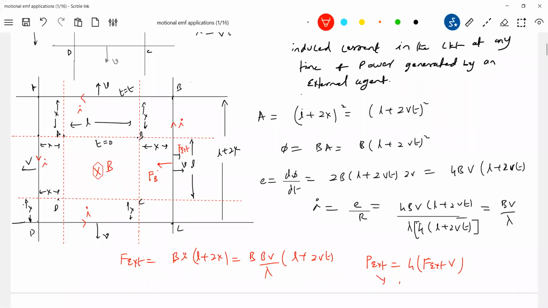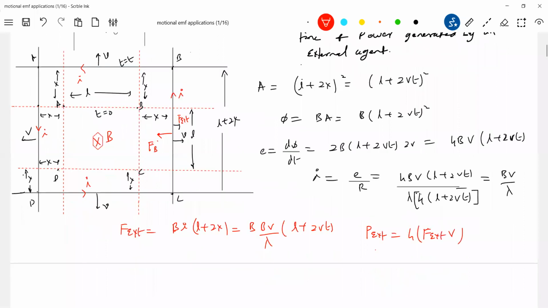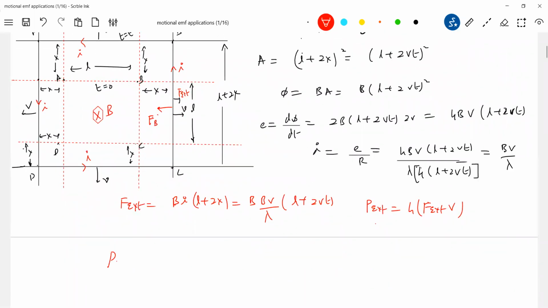Also you can write, power P external is equal to the power dissipated in the circuit.